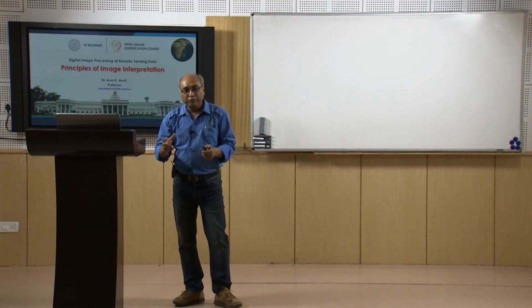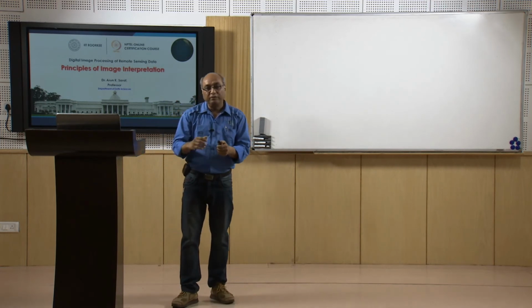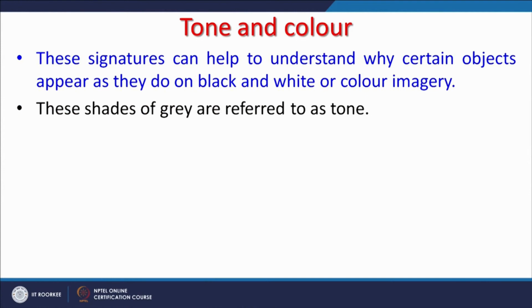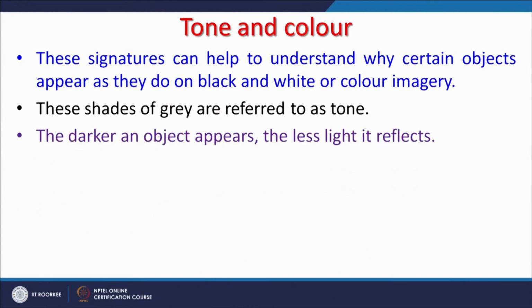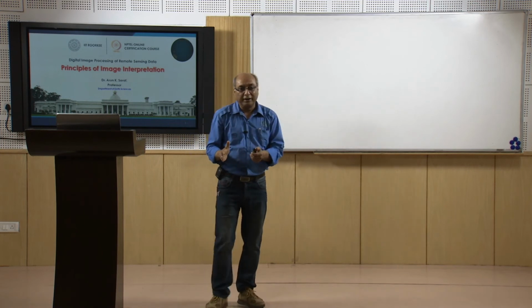And if vegetation is not healthy, then it will not appear red. It will have a different color, maybe a little yellow and so on. So in black and white you have gray shades of tone, and the darker an object appears, the less light it reflects. I am talking mainly about the visible and infrared part.